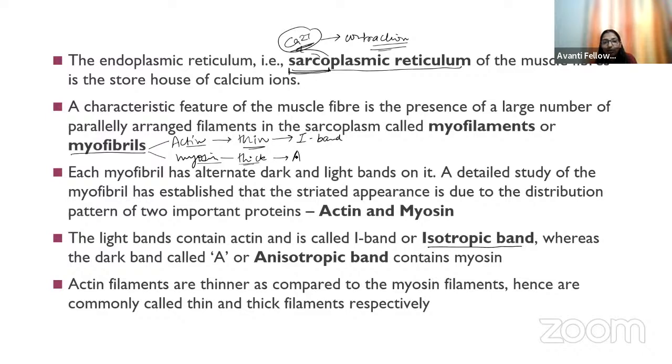And the myosin forms the A band, which is known as anisotropic band. And these bands show alternation. First there will be I band, then A band, then again I band, then A band, then I, then I. So they show alternation.